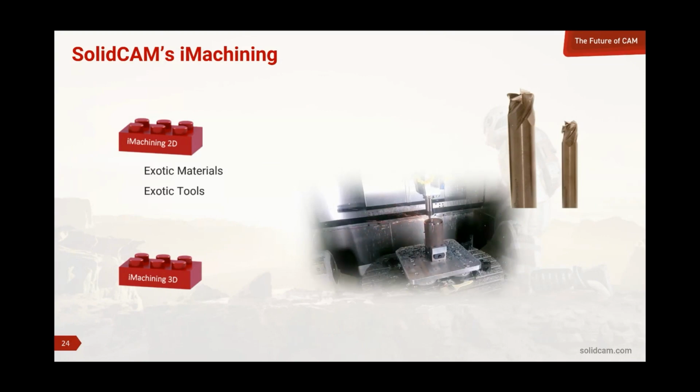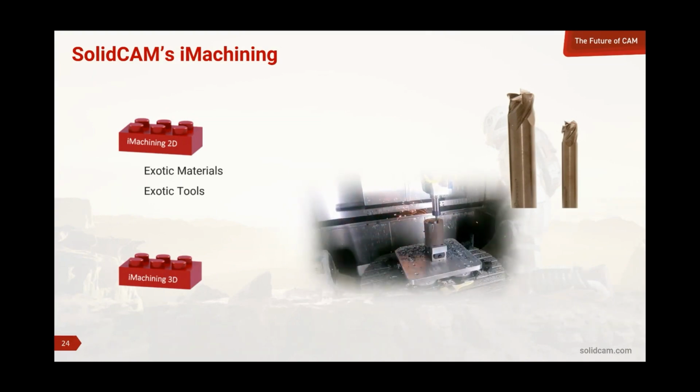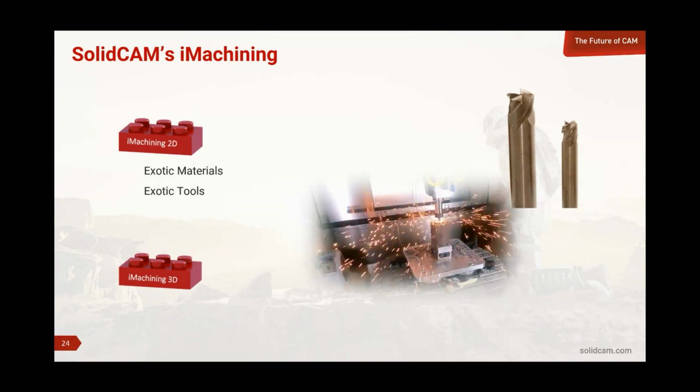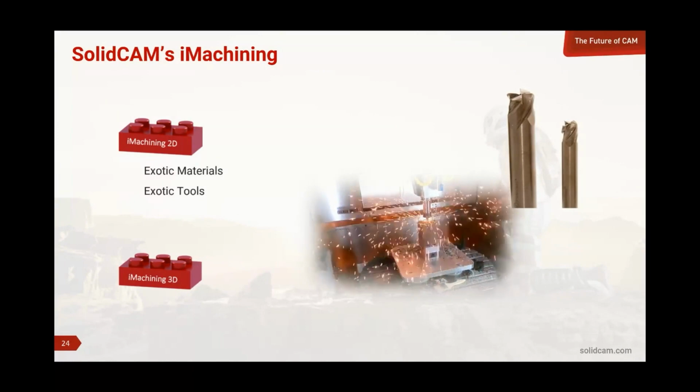Now, this is another example, and this is in a heat-treated steel. Okay. Now, this is Greenleaf ceramic end mills, and this is cutting in 52 Rockwell C material. Okay. And notice that it is just peeling material out like crazy. The sparks are normal. It's kind of cool watching this with the lights out.